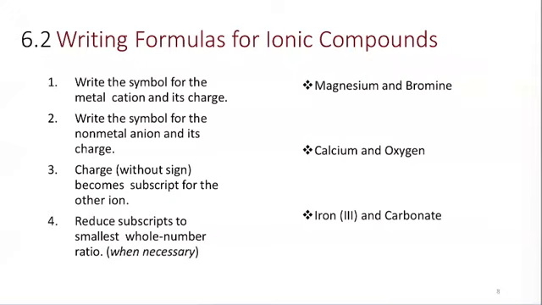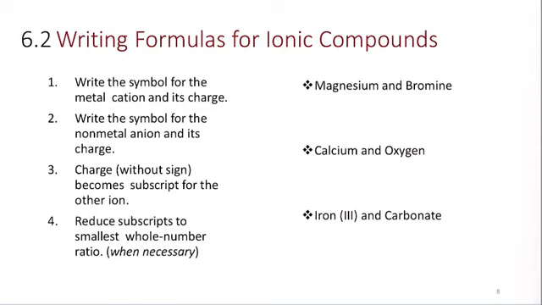Now, as you can see, we're going to learn how to write the formulas for ionic compounds. So these are the steps for writing the chemical formula for ionic compounds. You're going to write the symbol for the metal cation and its charge. Then you're going to write the symbol of the non-metal anion and its charge.